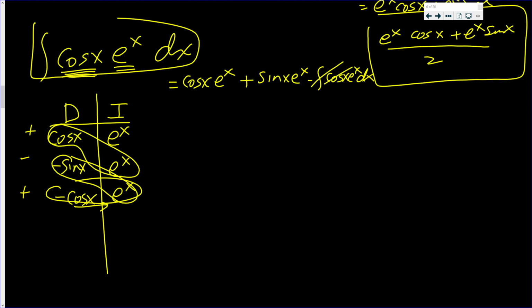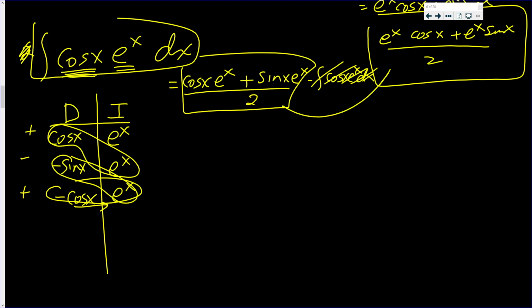You bring this here to the other side, and now you're going to have 2 of them. But I don't want 2 of them, so I'll divide by 2. And there's my answer. Exactly what I have there. Fine, it's not exactly. Here I wrote the e to the x's first, and then the trig. But you know multiplication commutes. Same exact answer. Tic-tac-toe.